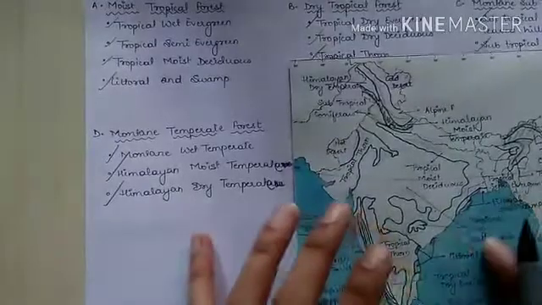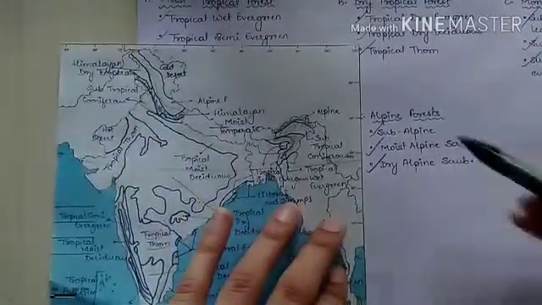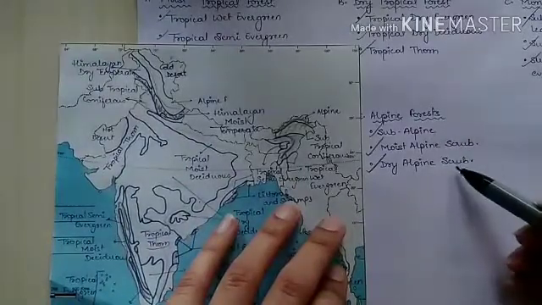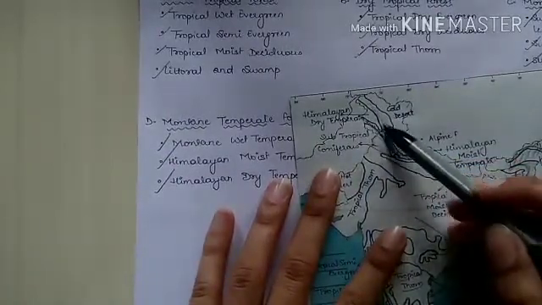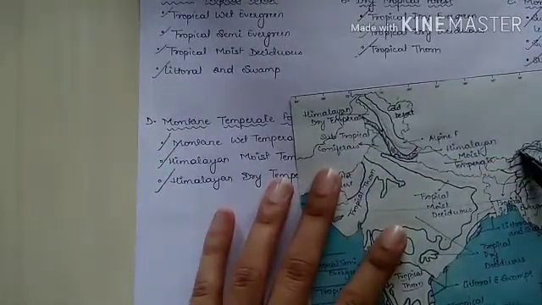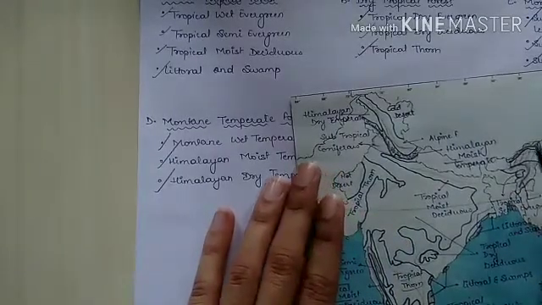Lastly we have alpine forest. Alpine forest has three categories: subalpine, moist alpine scrub, and dry alpine scrub, which are found in this area of the Himalayan region, and lastly in this area. So these are alpine forest.